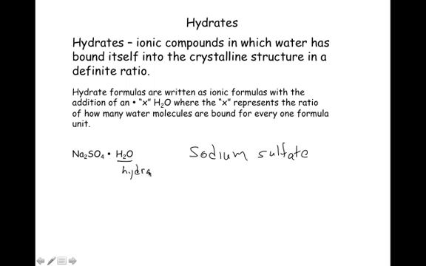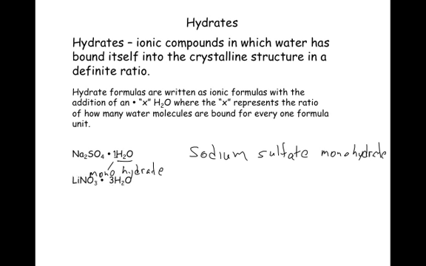And we're going to need to say how many hydrates there are. And since there's no number here, it's understood that there's a 1 there. And so the prefix for 1, you know what that is. The prefix for 1 is mono. So this is sodium sulfate monohydrate. That is how you would name that compound, sodium sulfate monohydrate.